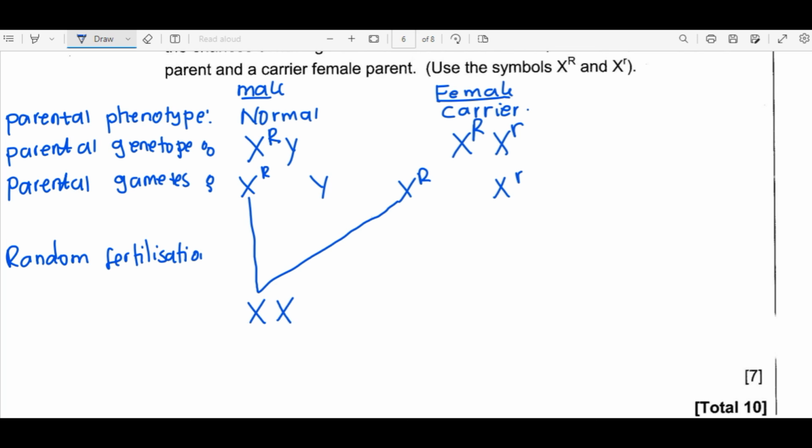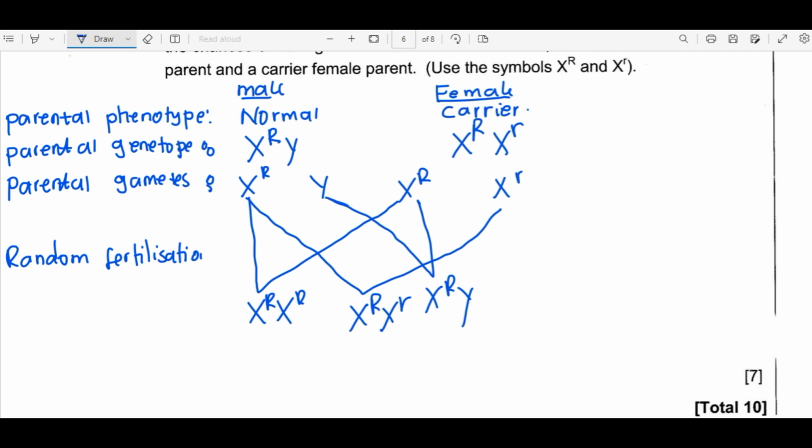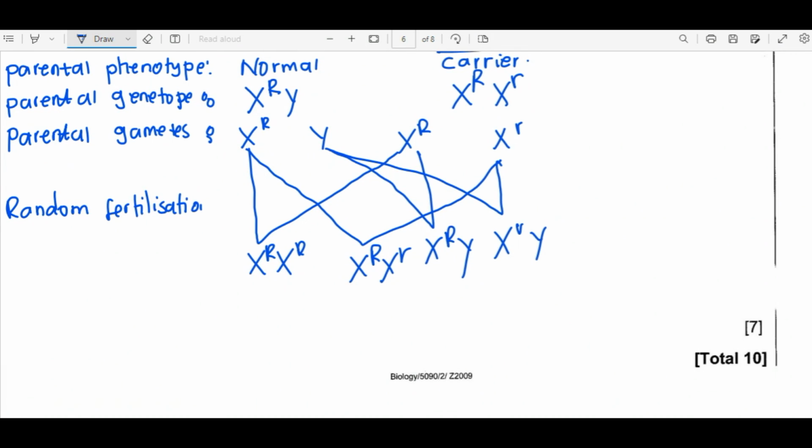So this is a normal baby girl, a carrier baby girl, a normal baby boy, then a patient baby boy. So say genotype of F1.